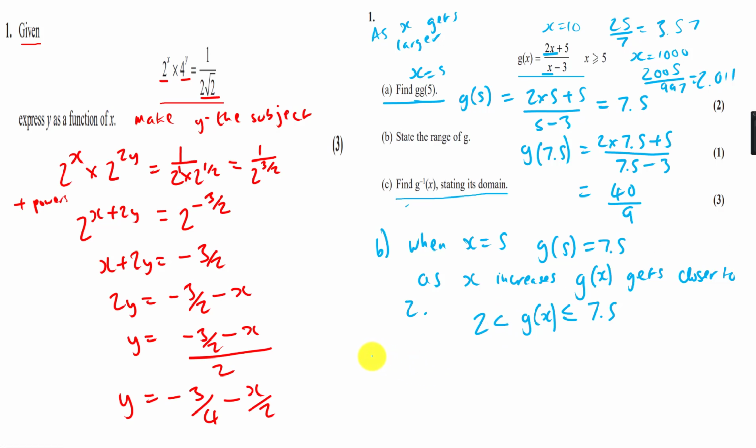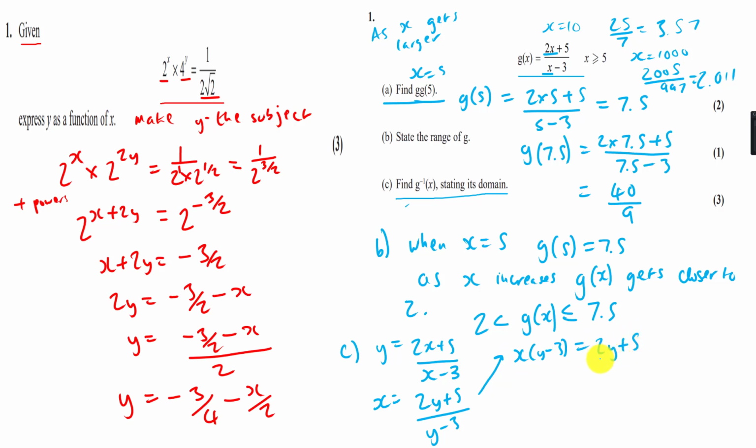So how will we do this? We're going to do C, so if y equals 2x plus 5 over x minus 3, then we're going to let x equal 2y plus 5 over y minus 3, and that's going to get us to x times (y minus 3) equals 2y plus 5.